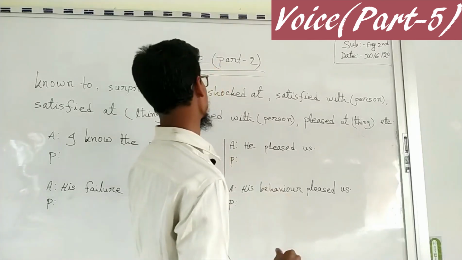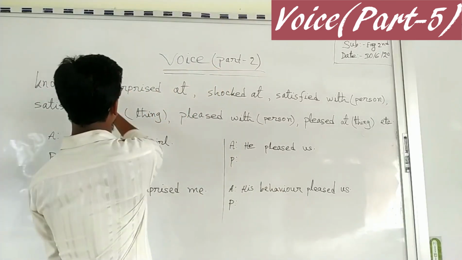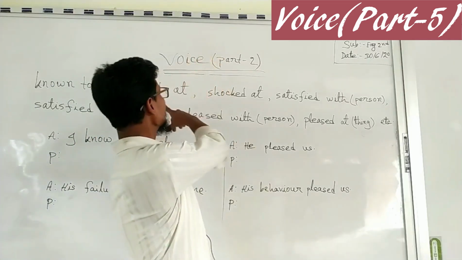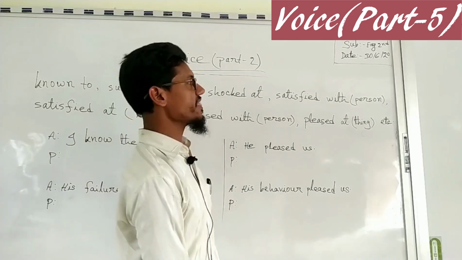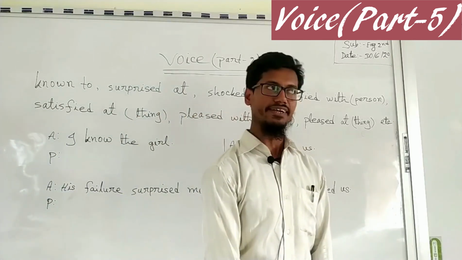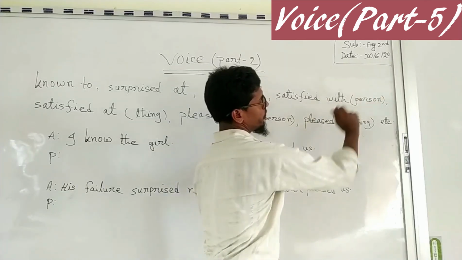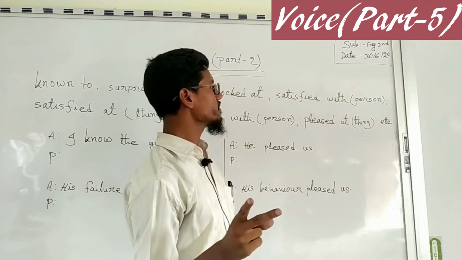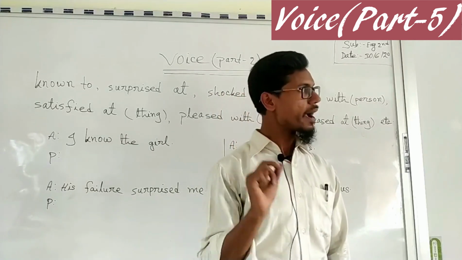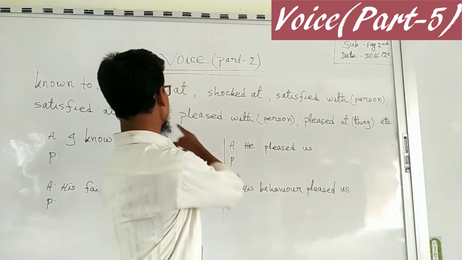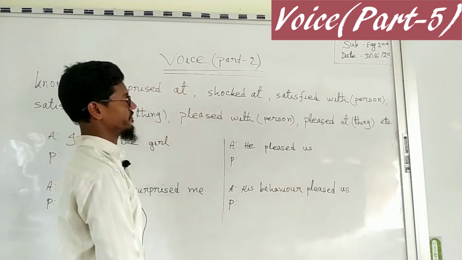Look at the matter. After know, we generally take to: known to, surprised at, shocked at, satisfied with or at. When we take with, if the subject is a person, we have to take with, but with a thing, we have to take at.